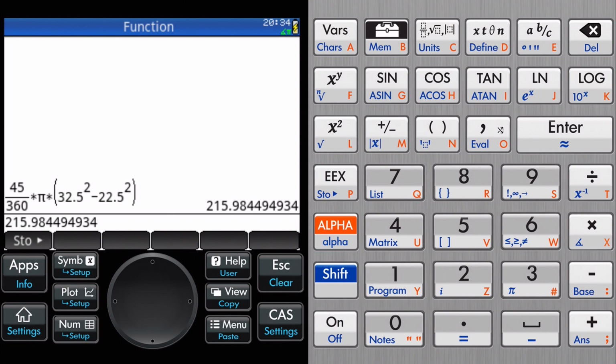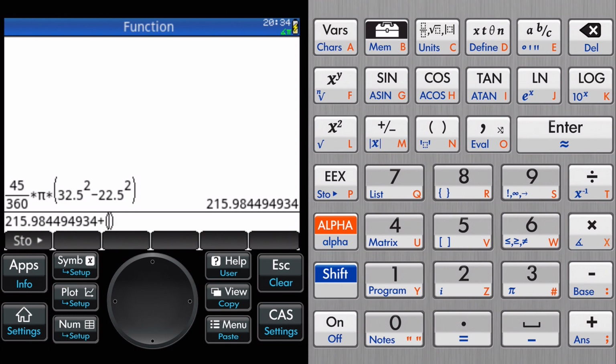Okay, we now need the area. So we've got the area of the sector, but we also need the area of the base. So the area of the base is pi r squared. So I'm going to go plus, and I'm going to do this in brackets.